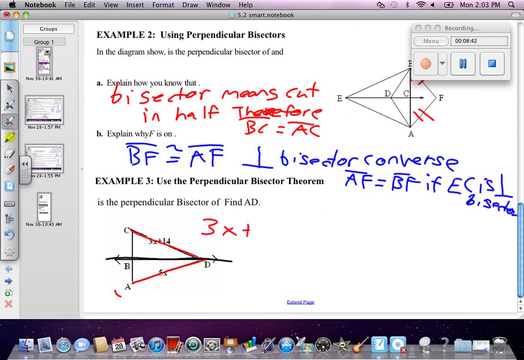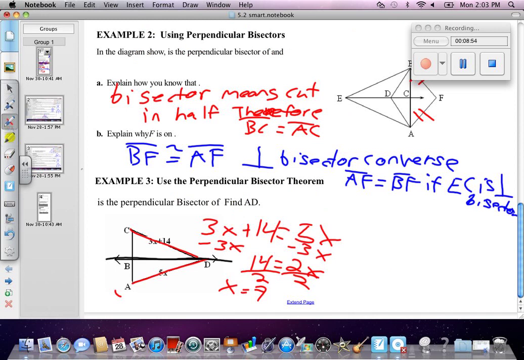So 3x plus 14 has to equal 5x. Subtract 3x. 14 equals 2x. Divide by 2. What does x equal? 7. Is that my answer? Because I want to find AD. Is 7 AD? No. So I plug it in and I find that AD is 35.